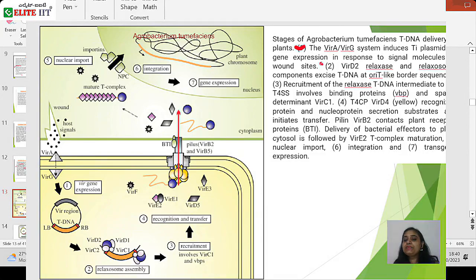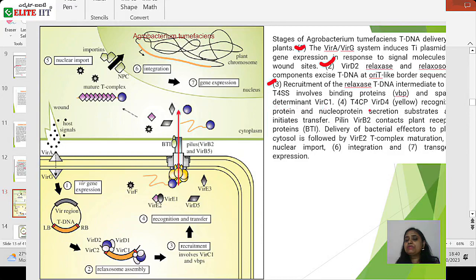Now, the second step is VirD2. VirD2 relaxase and relaxosome components excise T-DNA at oriT-like border sequences. So in this case, VirD2 is involved in the cutting of that T-DNA. Now, third is the recruitment of the relaxase T-DNA intermediate to the T4SS, which involves binding proteins and a spatial determinant.